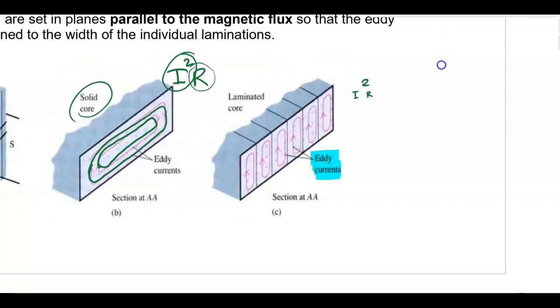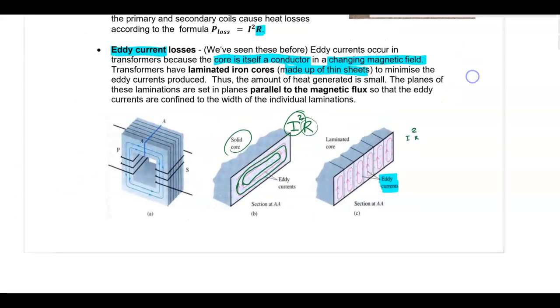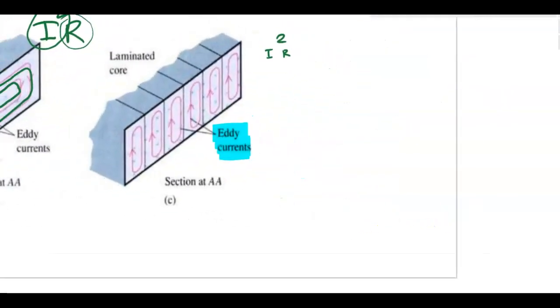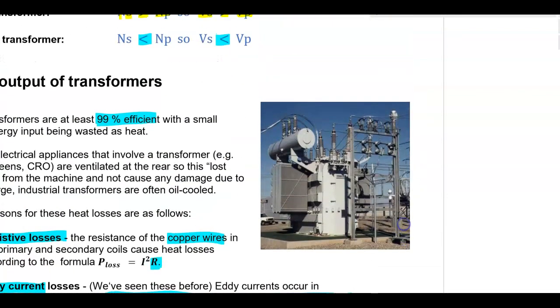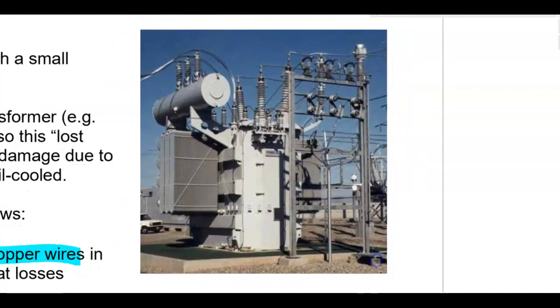Okay. Even saying that, it's almost impossible to get rid of those eddy currents, and that's why, for example, when we look at these transformers in the substations, this one's from the East Perth Power Station, just across the road, we get cooling.